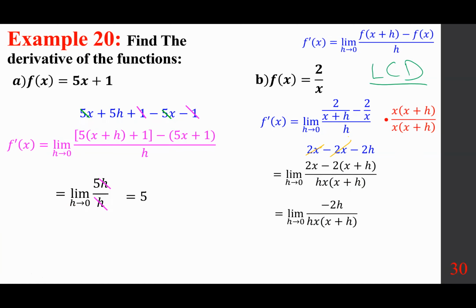As you can see, the h cancels out the h in the denominator. This is what you end up with. And if you replace the h with 0, the denominator is x times x, or x squared. The final answer is negative 2 over x squared.